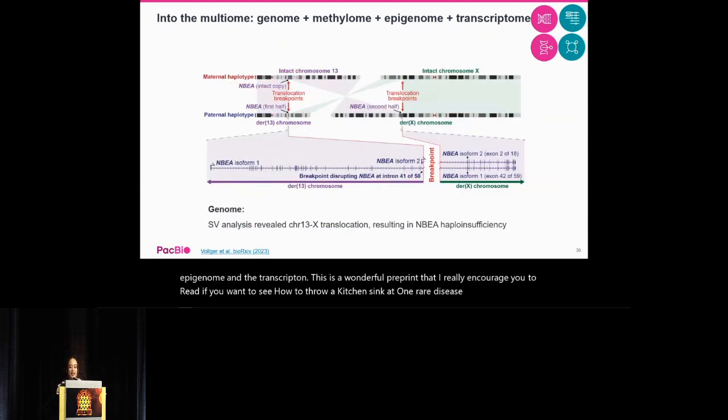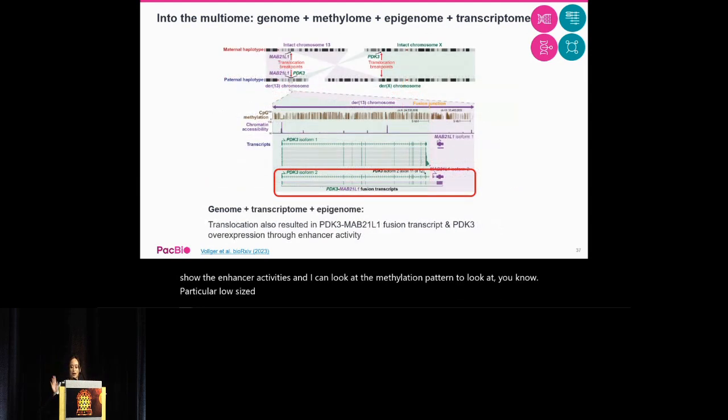They can see the genomic structural variation and that it causes a fusion transcript because the Iso-Seq data showed it. But then they can also look at the chromatin accessibility to show the enhancer activities, and look at the methylation pattern to see particular loci silencing. I'm not going to go into the details, but this is what you have when you get so much different data and the amount of tools that go into solving one problem.